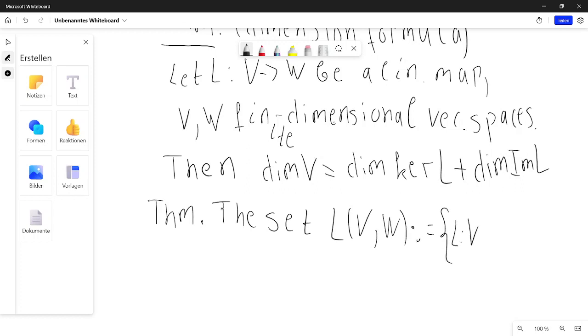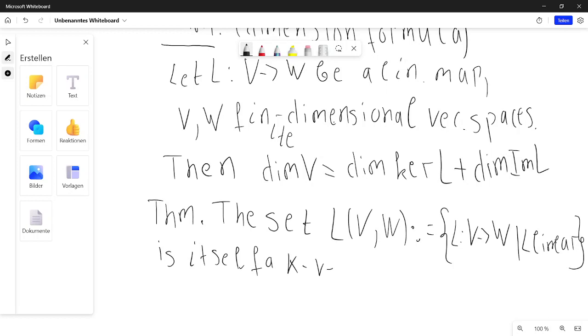L, the linear maps from V to W, is itself a vector space. Itself a k-vector space. Recall that V is a k-vector space and W is a k-vector space.